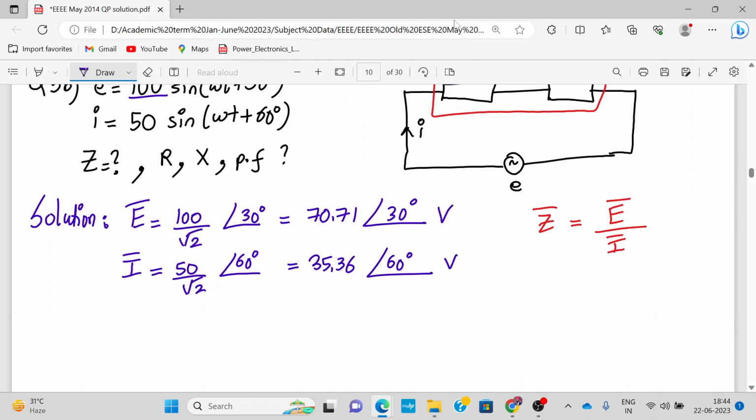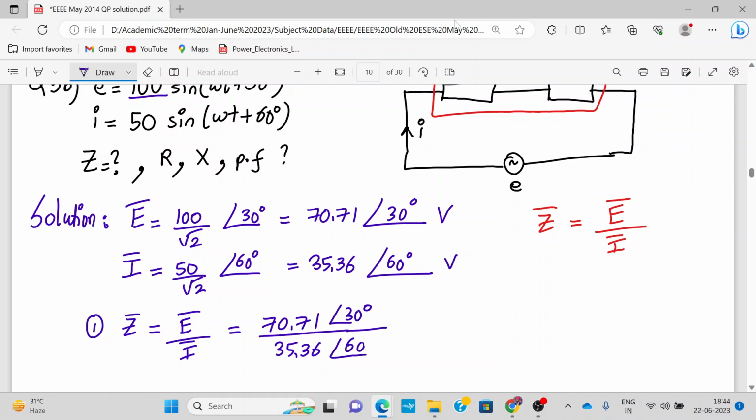So what will be Z? As I told you already, Z will be E bar upon I bar. We can divide in polar form, this is in the polar form now. So 70.71 divided by 35.36, this will become 2 exactly. For the angle, you subtract: 30 minus 60, that will be minus 30.